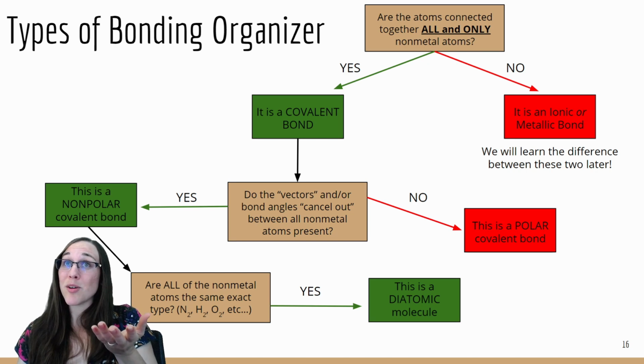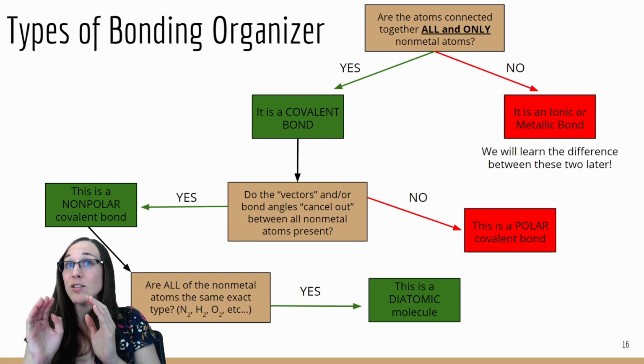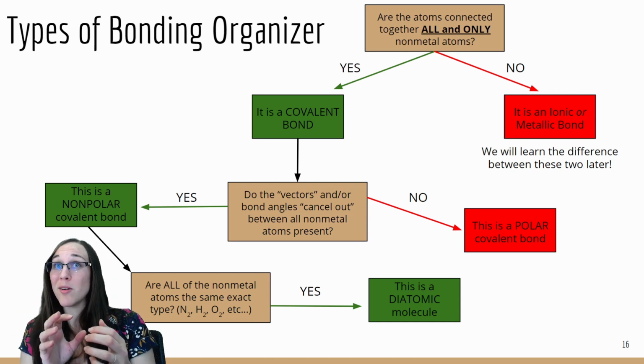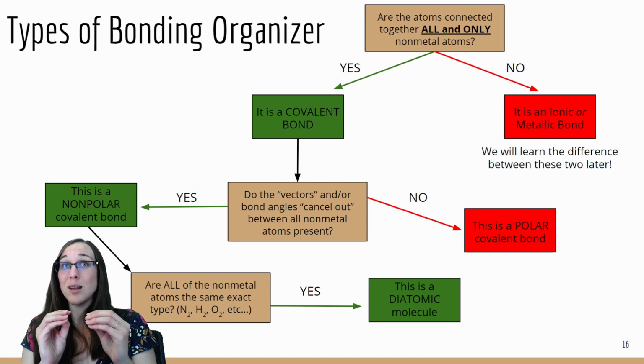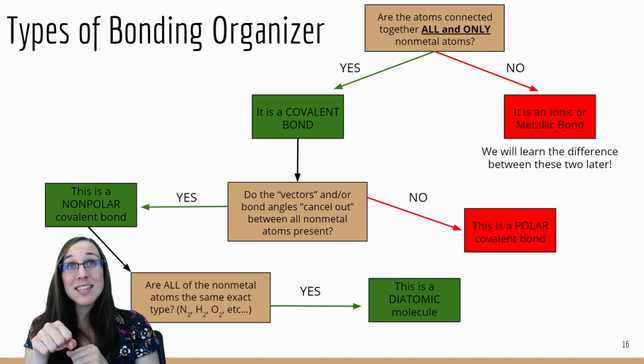If it happens to be a covalent bond, do the vectors and or the bond angles cancel out? So go back to the polarity lesson if you don't know what I'm talking about here, between all the non-metal atoms present. If they do cancel out, yes, that would be a nonpolar covalent bond.